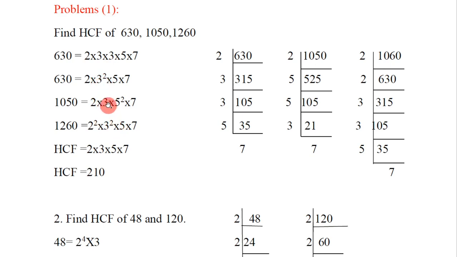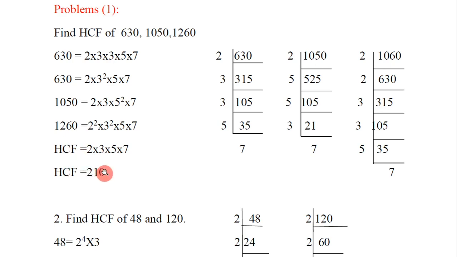So 3 power 1 is the highest common factor, because 3 square is common in these two numbers, but 3 square is not common here. So 3 is common in all three numbers. Next, 5 power 1 is common in all three numbers, and 7 power 1. So 2 into 3 into 5 into 7 is common in all three numbers. Hence this product is the highest common factor.